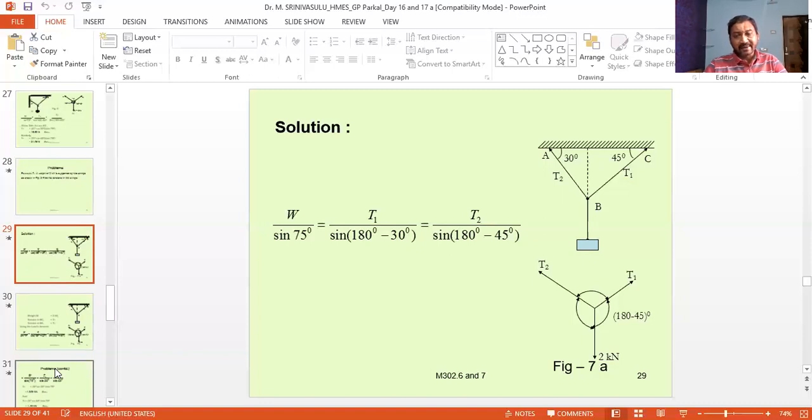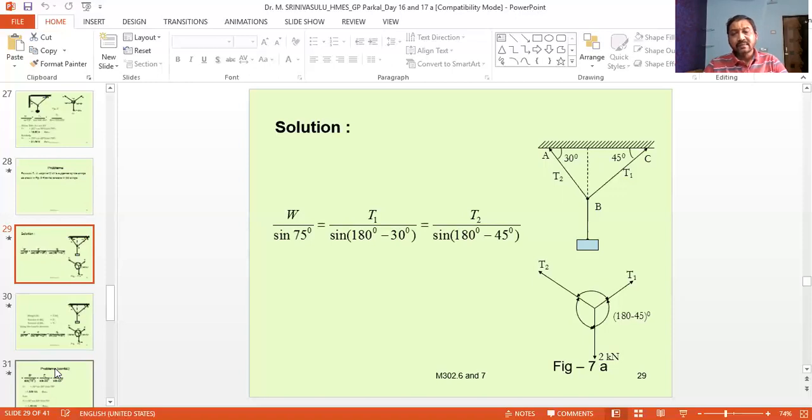So in one triangle, that is the left side triangle, at point A the angle is 30 degrees and the other angle is 90 degrees. Then the angle made by AB with the vertical is equal to 60 degrees.